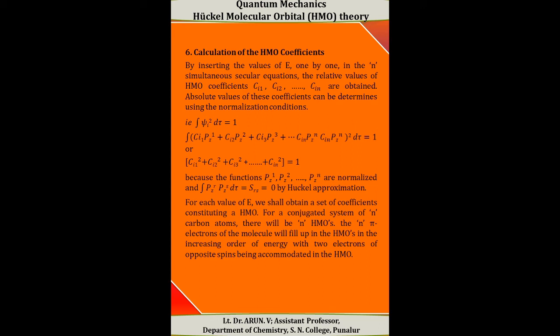Substituting the value of psi i and solving, we get Ci1 squared plus Ci2 squared plus Ci3 squared plus etc., up to Cin squared, that is equal to 1, because the functions pz1, pz2, etc., pzn are already normalized, and the integral of pzr pzs d tau is equal to delta rs, that is equal to 0 by the Huckel approximations.